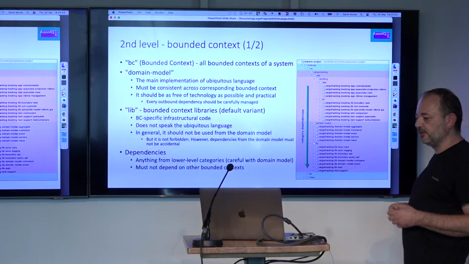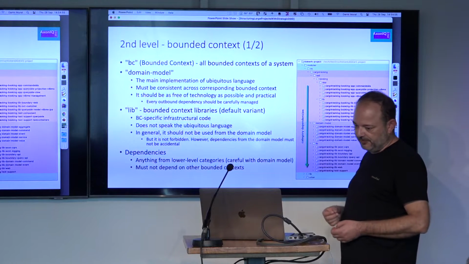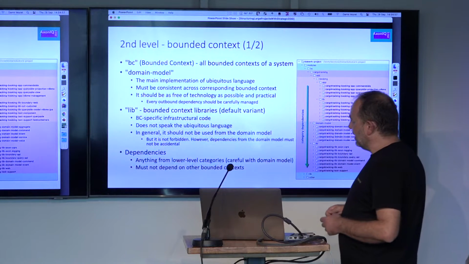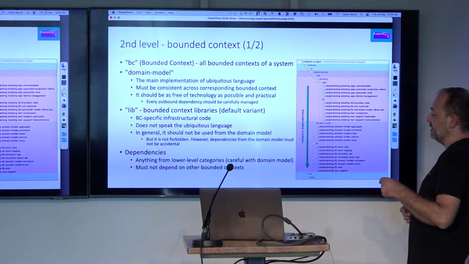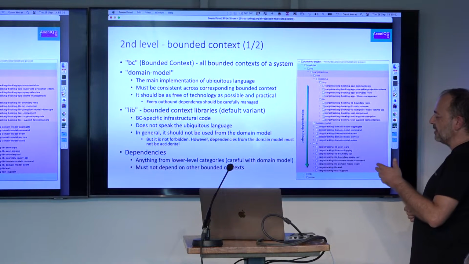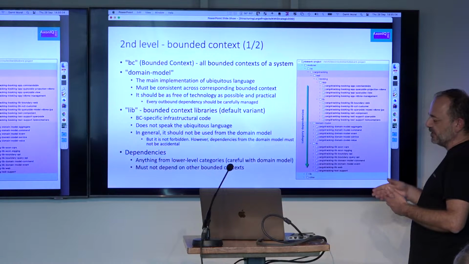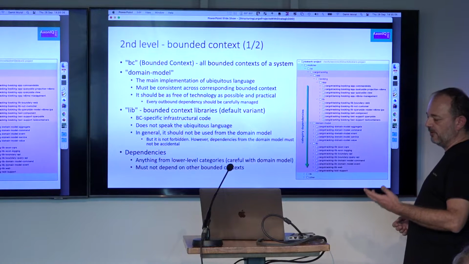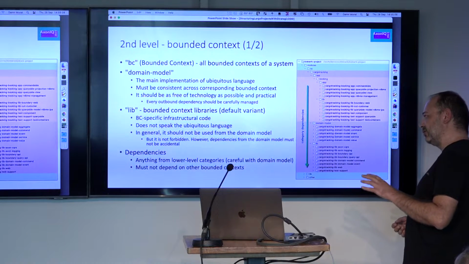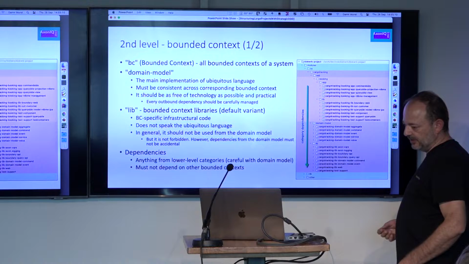It is allowed. You shouldn't do it, but it is allowed if you need it. Regarding dependencies, the situation is similar as before. Those modules can use anything from lower level module categories, but they cannot reach into another bounded context for their dependencies.